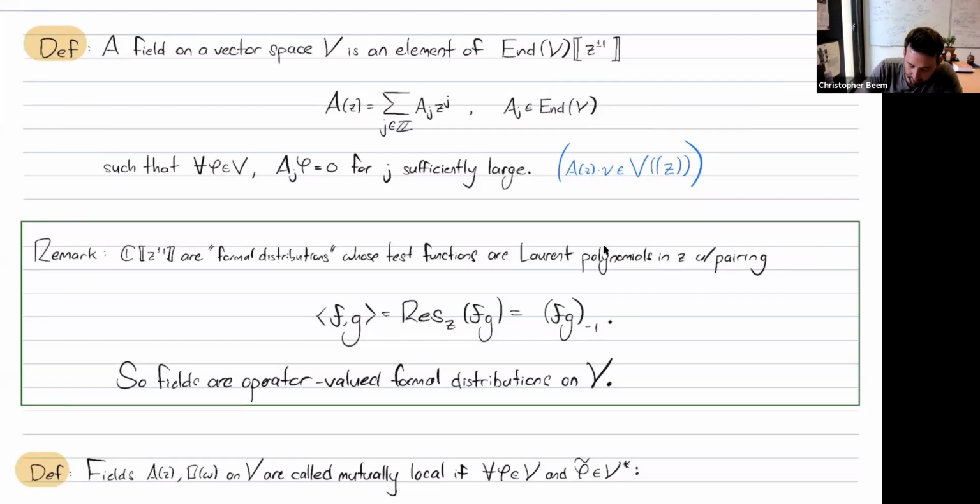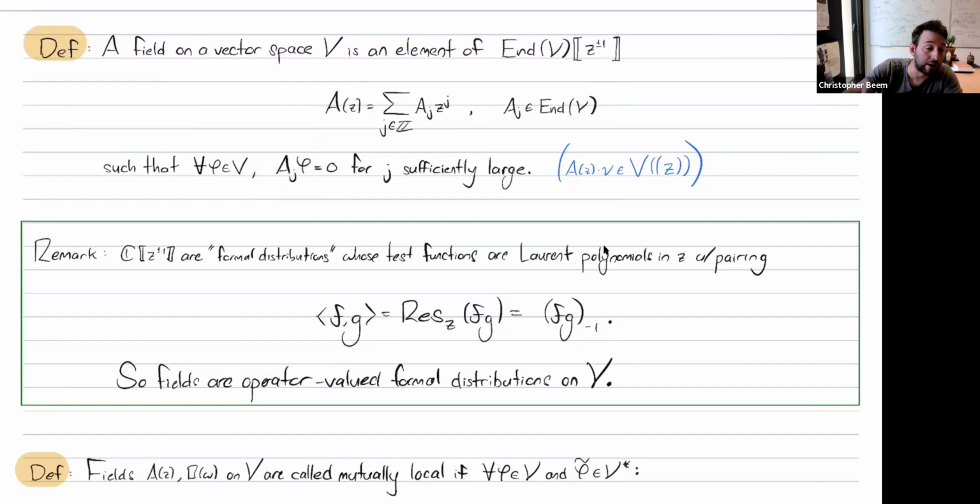And there's a condition. It's not a completely general one of these formal objects, but you demand that given an arbitrary element of your vector space, you are bounded in the negative powers of Z that act non-trivially. So you're going to demand that these components of the series annihilate any given vector for a fixed vector if you take J big enough.